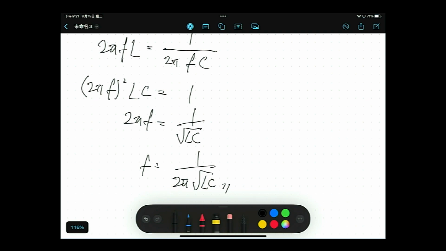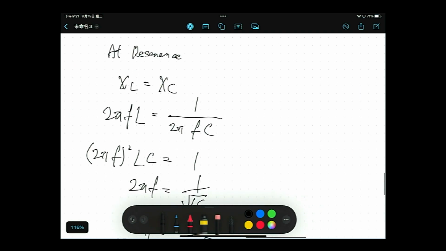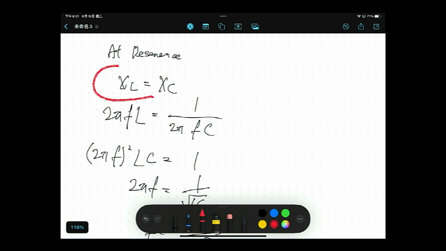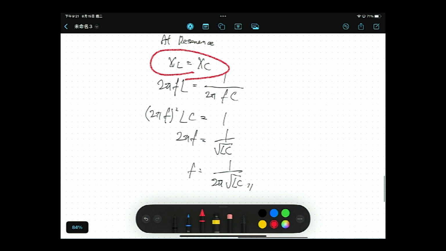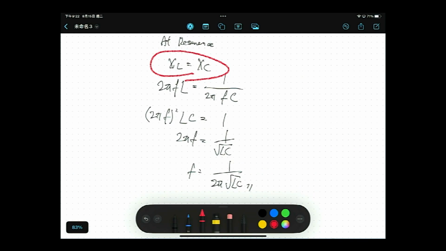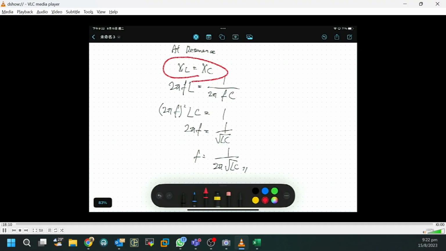You don't have to memorize it. Just remember that the most important part is this one: XL equals XC. This is how you deduce it. Easy, huh? So we'll make use of the property of resonance frequency.